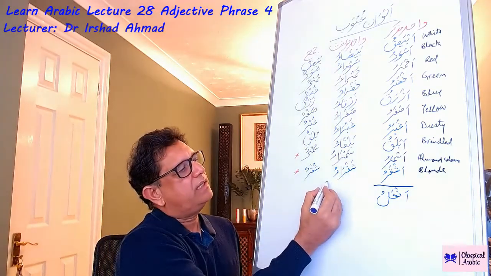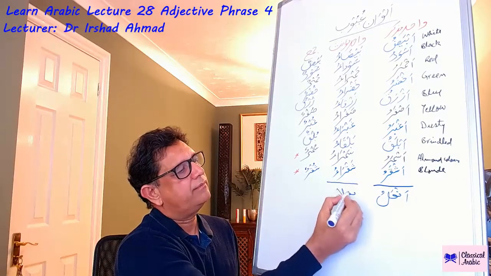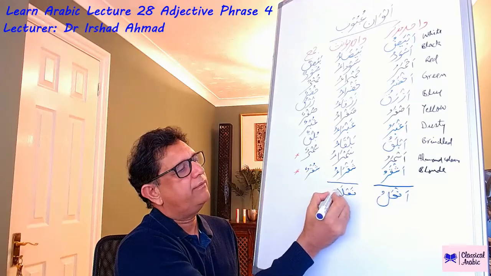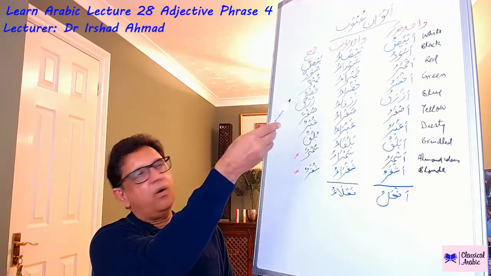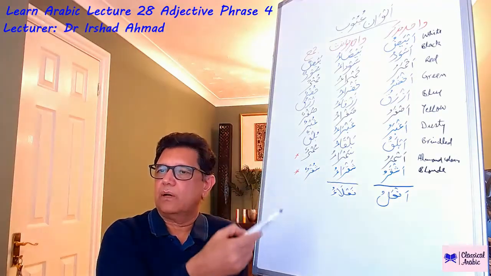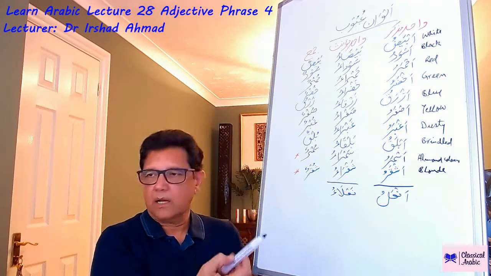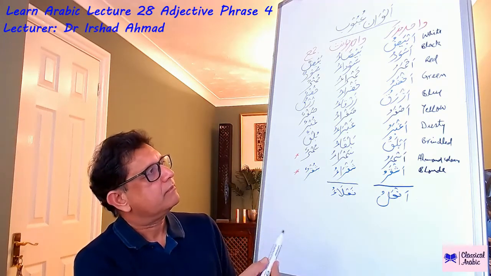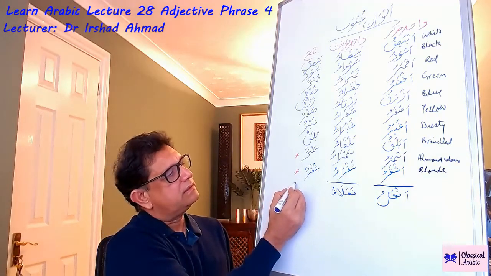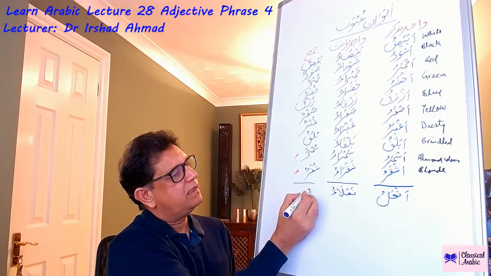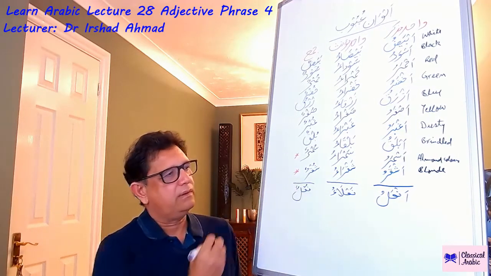And wahid muannas follows the pattern of fa'la'u, which is all of these colors: bayda'u, sawda'u, hamra'u, safra'u, zarka'u, khadra'u, and so on. And the jama, the plural of both of these, falls in the pattern of fu'lun.